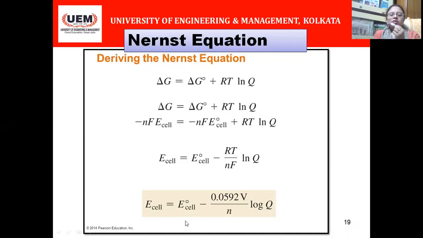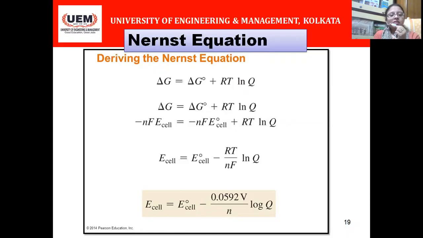Now, first of all, I want to tell you what is standard electrode potential. Standard electrode potential means there are some parameters: pressure should be at 1 atmosphere, temperature should be at 25 degrees centigrade, and the concentration of your electrolyte should be at 1 molar.